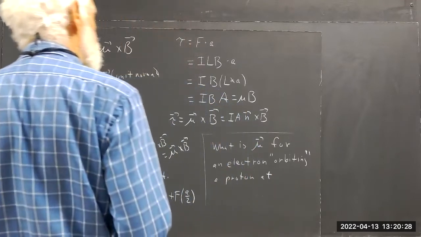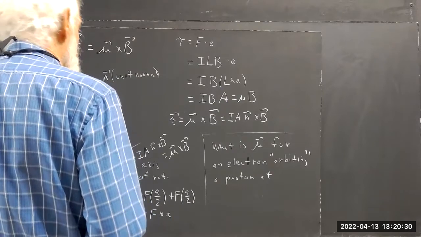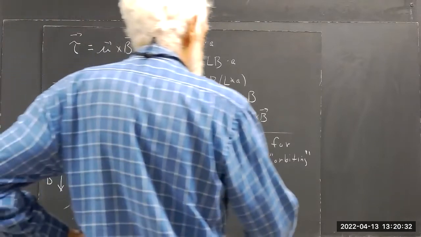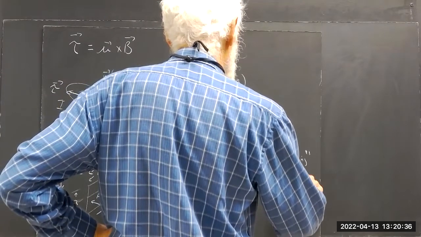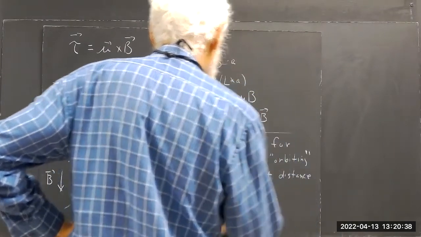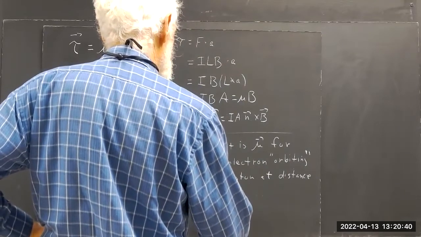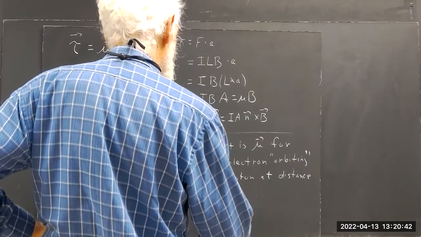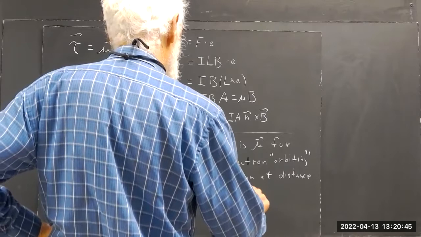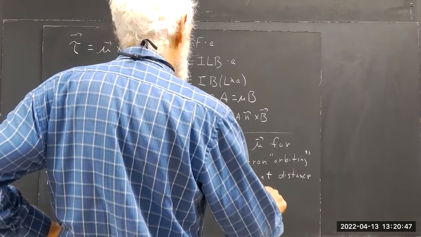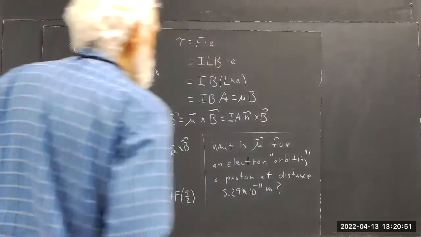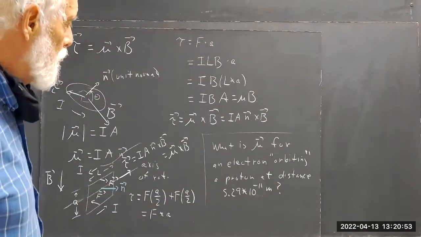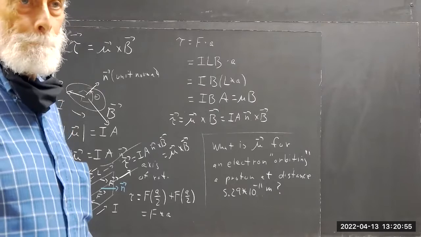The proton at 5.29 times 10 to the negative 11th meters.